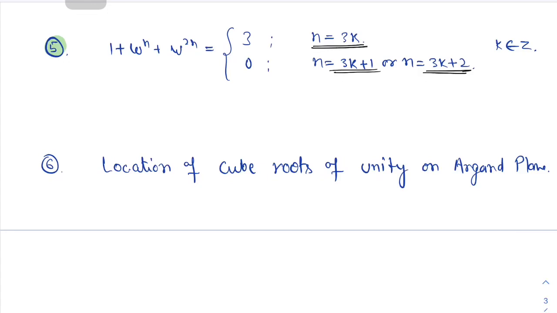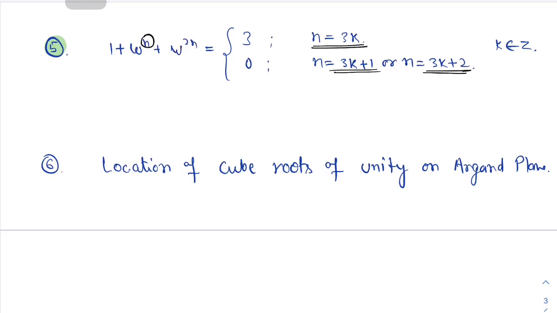So 1 plus omega to the power n plus omega to the power 2n is equal to 3 if n is a multiple of 3. This is very clear. If n is a multiple of 3, omega to the power n is 1, omega to the power 2n is also 1. So 1 plus 1 plus 1 is equal to 3.